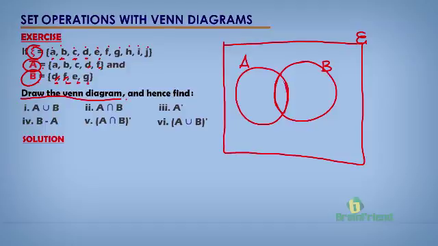This region would contain the common elements that we have between A and B, and that's D and F.